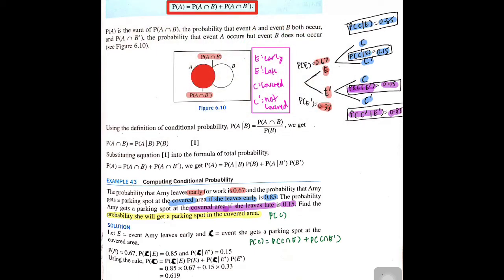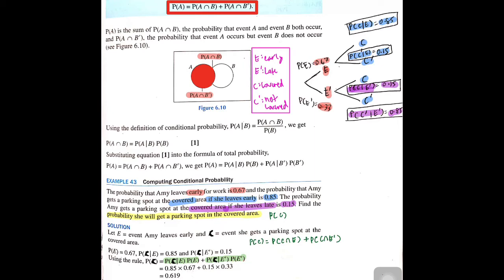The next step is to open up the formula. P(C intersect E) is P(C given E) times P(E). P(C intersect E prime) is P(C given E prime) times P(E prime).